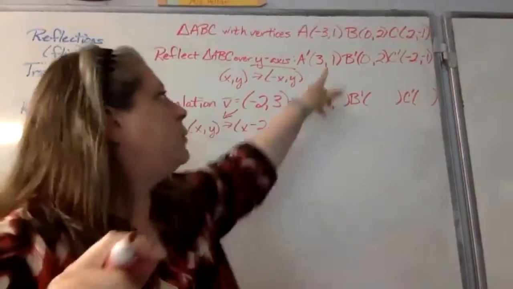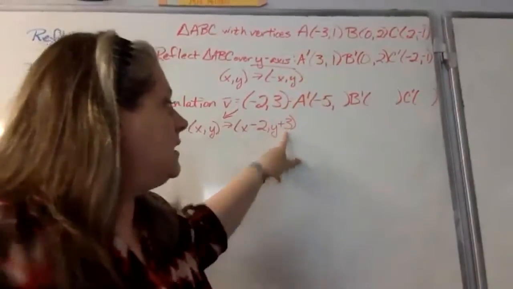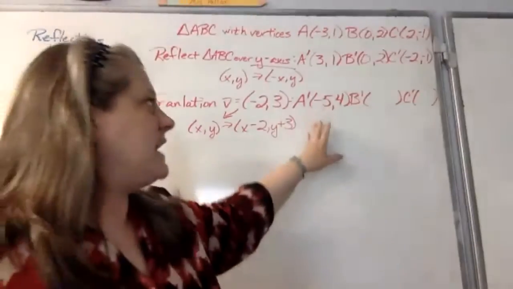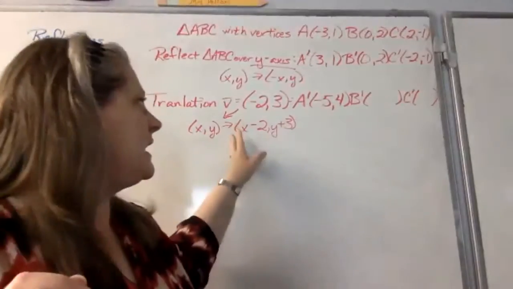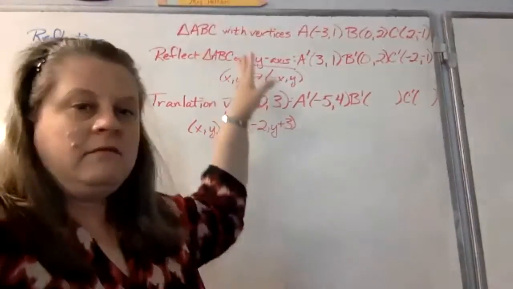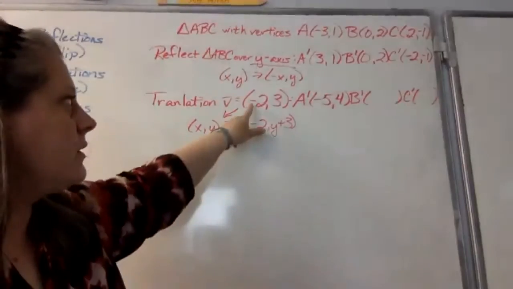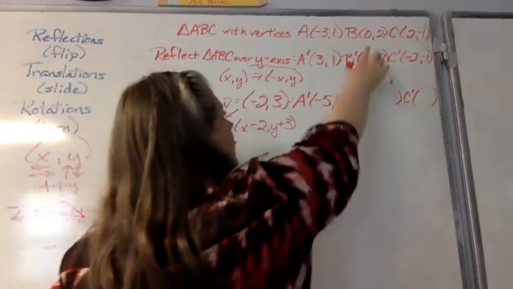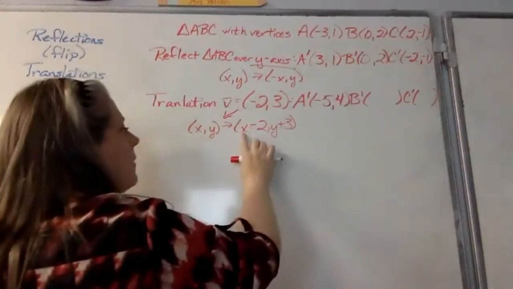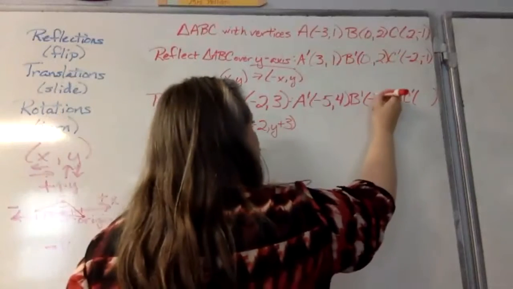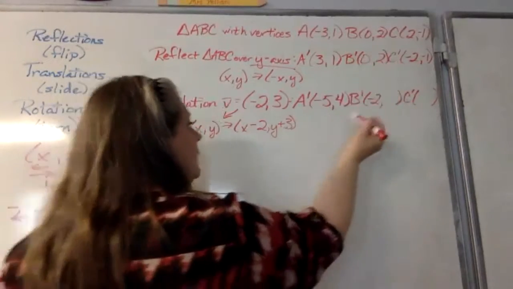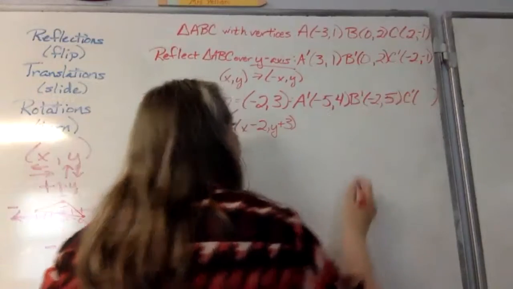And then I have 1 plus 3, which will be 4. So it's sliding it to the left and then up. Okay, it's going to the left and it's going up. So for my B, it was 0. So 0 minus 2 is negative 2. And then 2 plus 3 is 5.